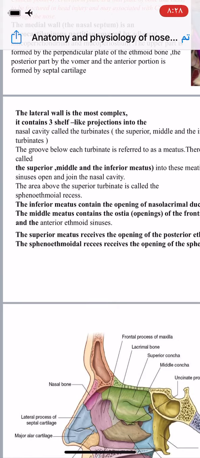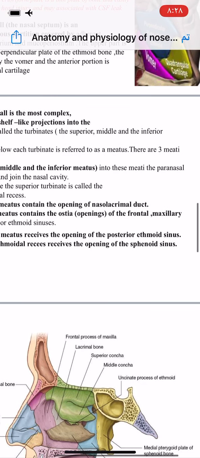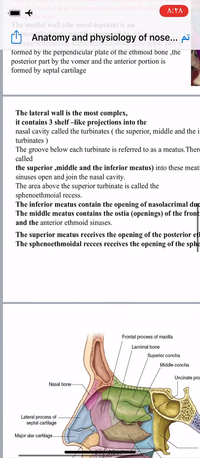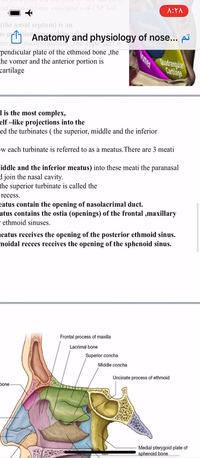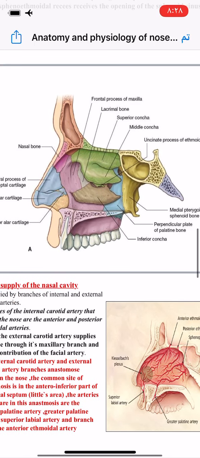The superior meatus receives the opening of posterior ethmoidal sinuses. The sphenoethmoidal recess receives the opening of the sphenoid sinus. This picture shows the turbinates and the meati.